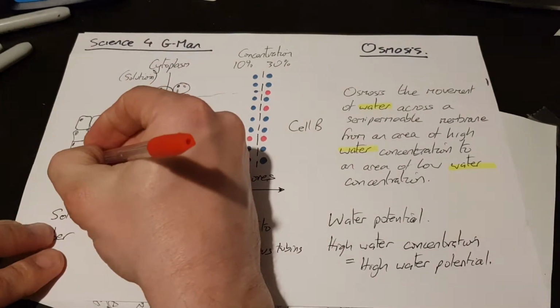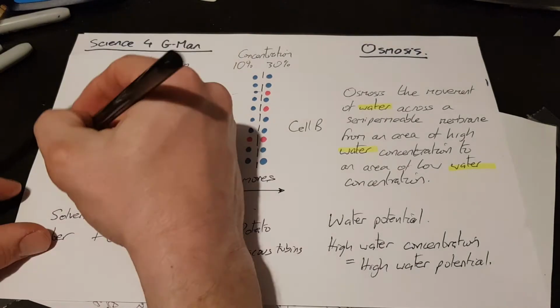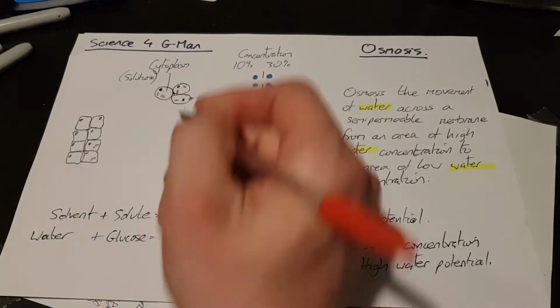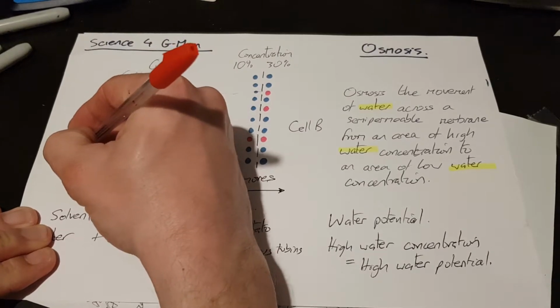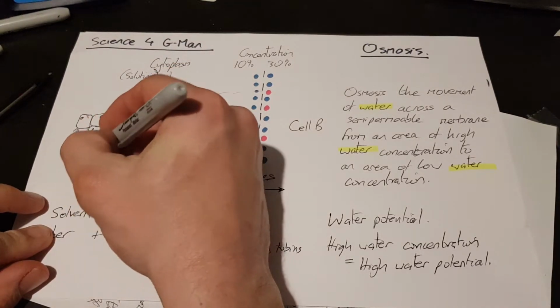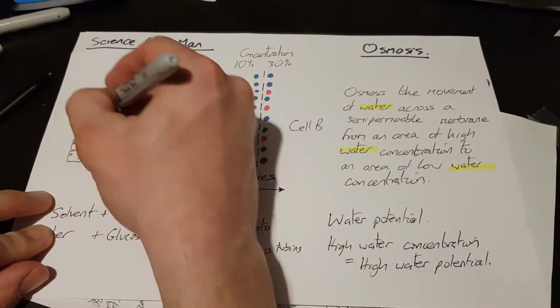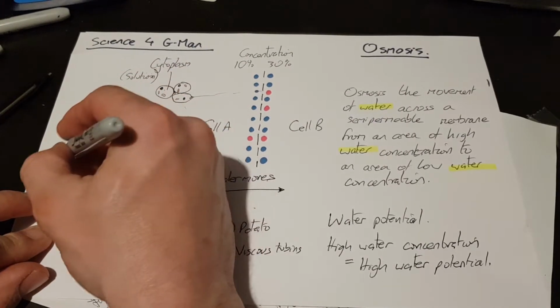Give them a few mitochondria. Oops, that one's not got a nucleus, as we know, and the plants have a cell wall. Right. Let's put some water around these. Some water on the inside.